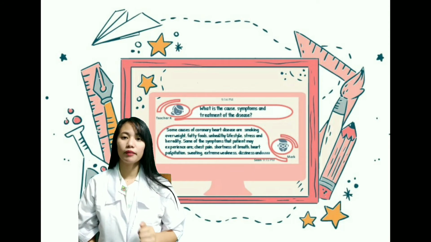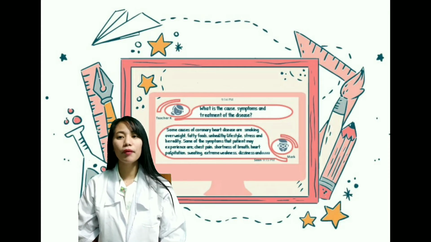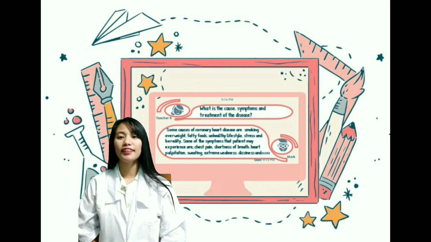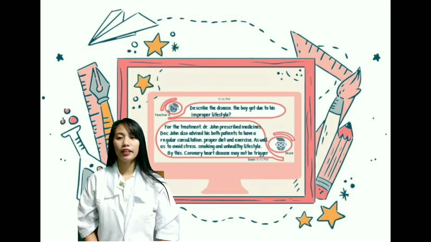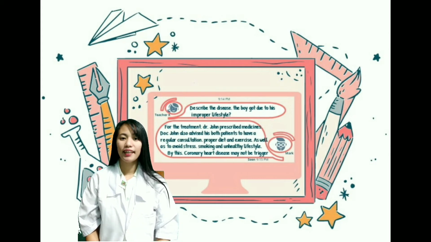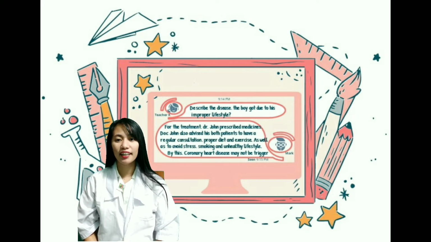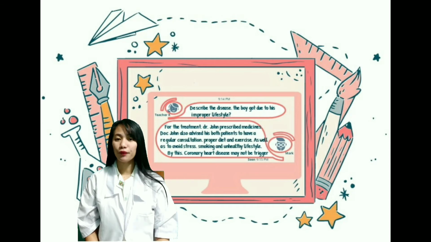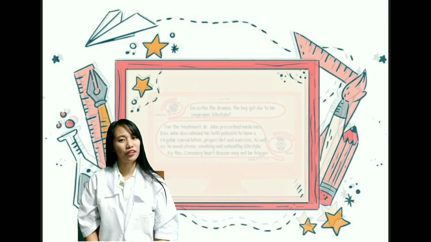Some of the symptoms that a patient may experience are chest pain, shortness of breath, heart palpitation, sweating, extreme weakness, dizziness, and nausea. For the treatment, Dr. John prescribed medicine and advised both of his patients to have regular consultation, proper diet, and exercise, as well as to avoid stress, smoking, and unhealthy lifestyle, and by this, coronary heart disease may not be triggered.